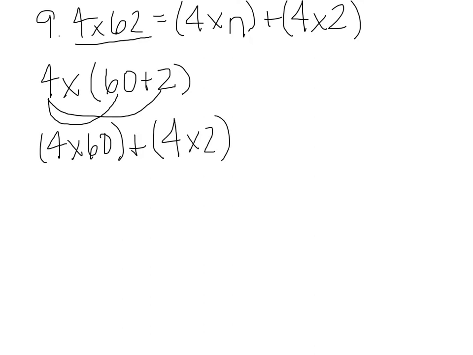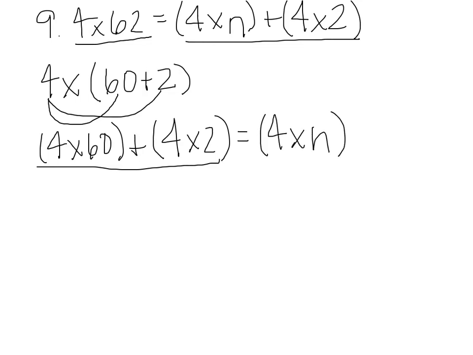I'm noticing that this problem up here is looking an awful lot like this problem down here. And I know that these two problems need to be equal to each other. So whenever I figure out all of the different parts, they need to be equal to each other.